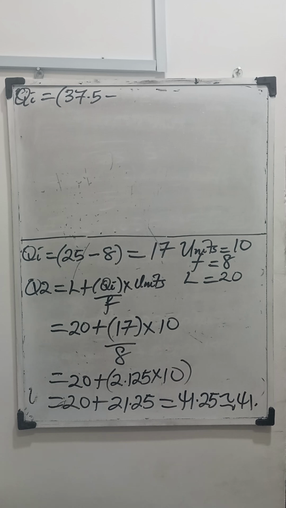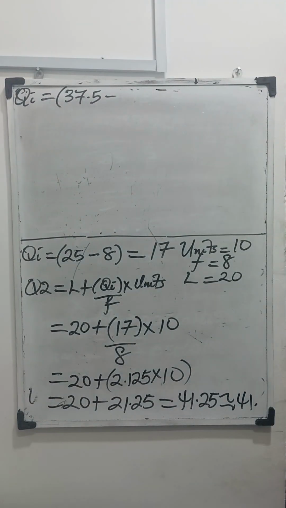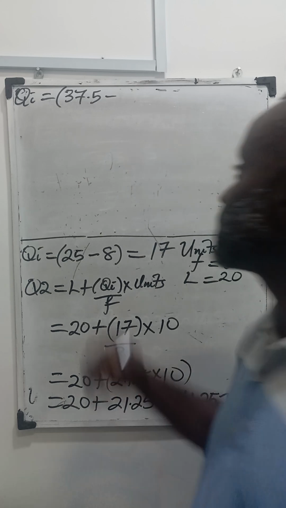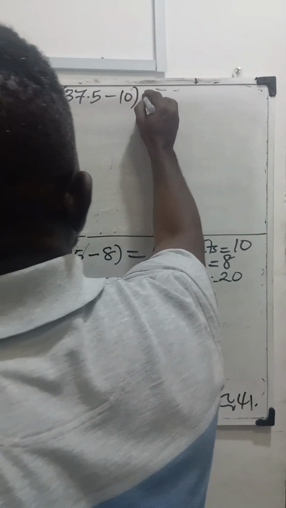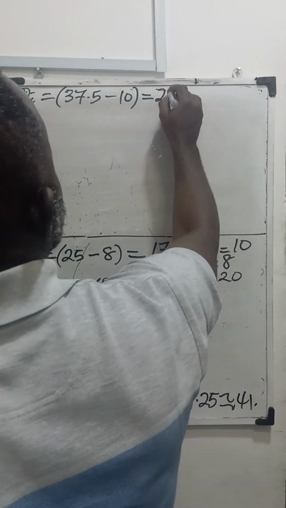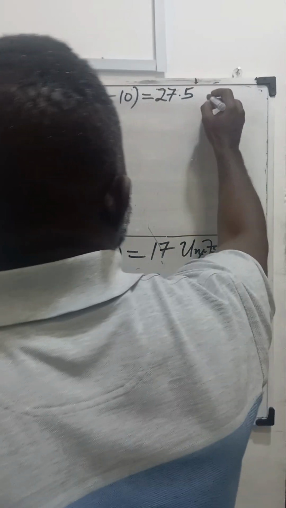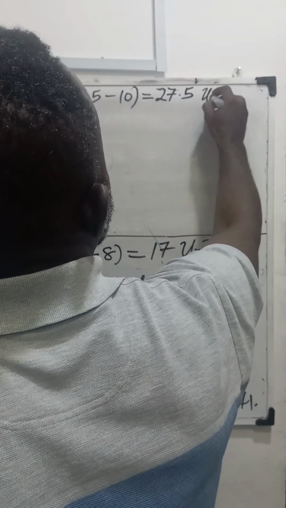The next value on the frequency is 10. So 37.5 minus 10 is going to give us what? 27.5.